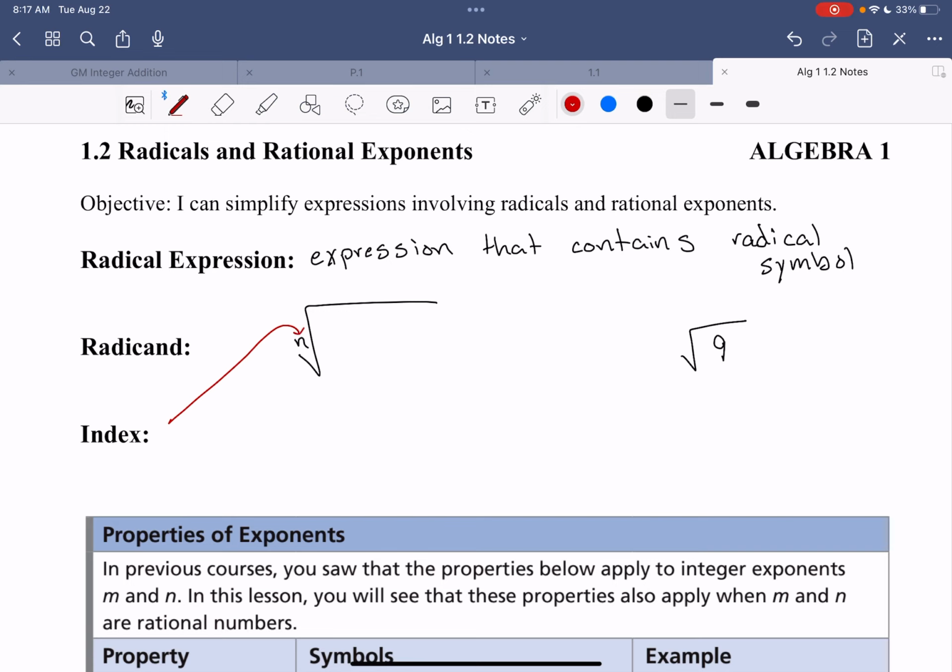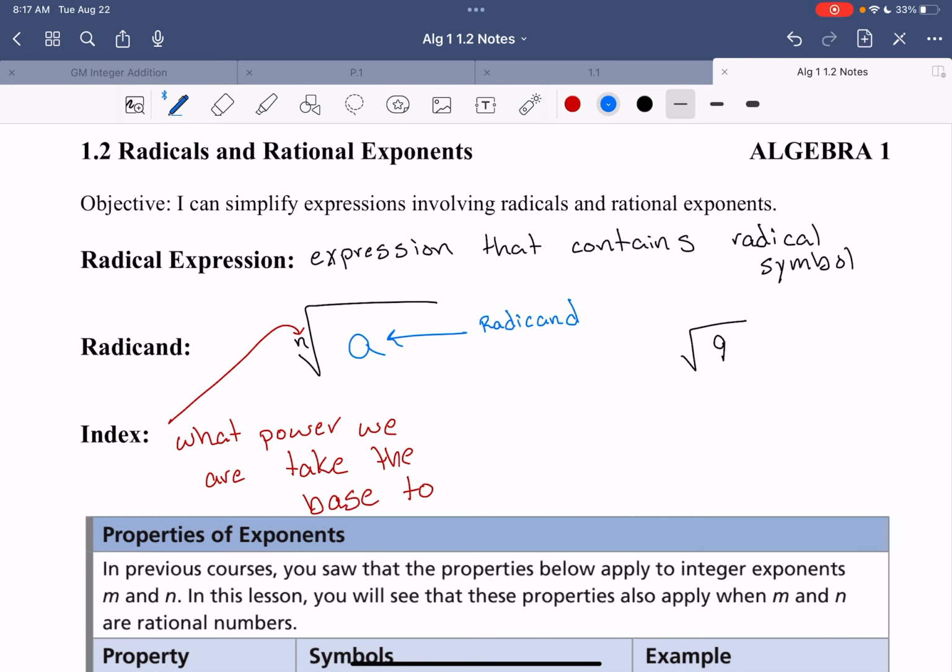The index tells me what power we are taking the base to. And then the radicand is whatever's inside of here. So there is what's called the radicand.